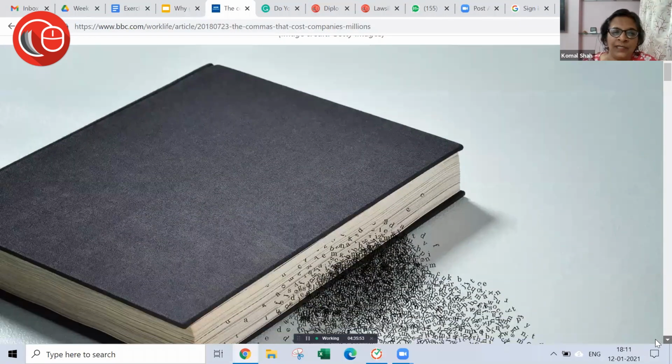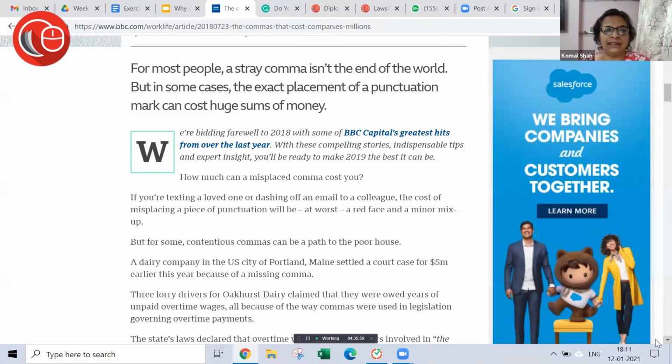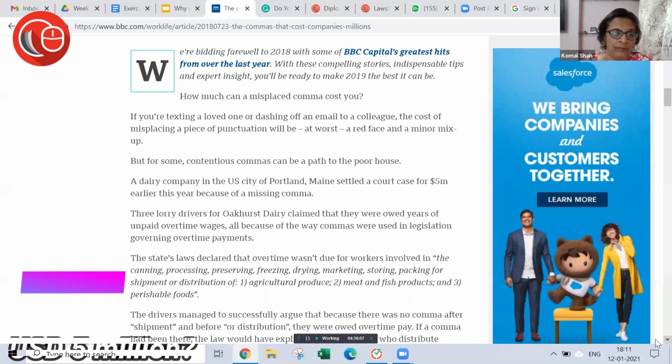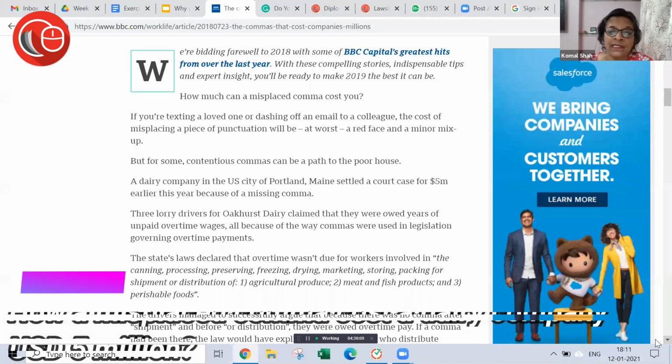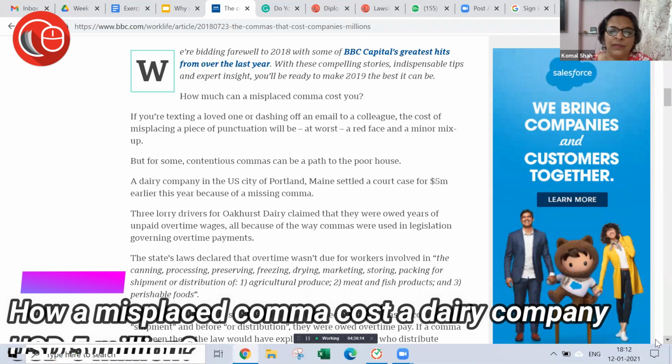And this is just one instance that they have indicated. There are many cases like this, particularly wherever you are talking of clauses in a contract where a comma has been used in a wrong manner, people will take the benefit of it.